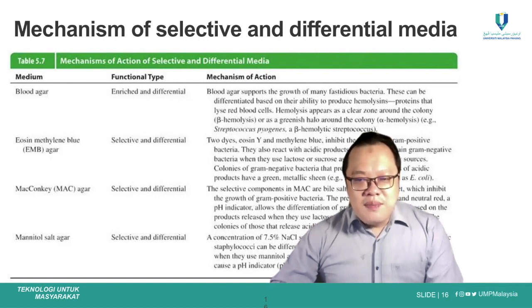It can support the growth of many fastidious bacteria, and the blood agar is able to show bacteria that are able to hemolyze red blood cells and bacteria that are unable to hemolyze red blood cells. We call that beta hemolysis if there is an appearance of complete hemolysis of RBC in the blood agar.